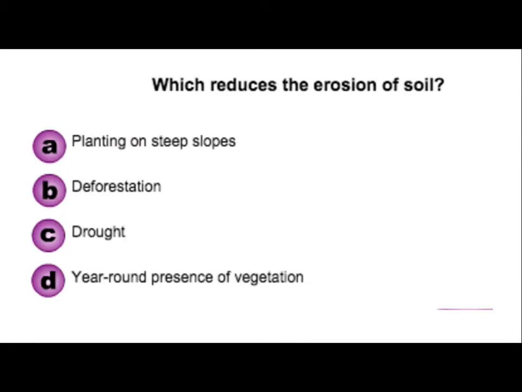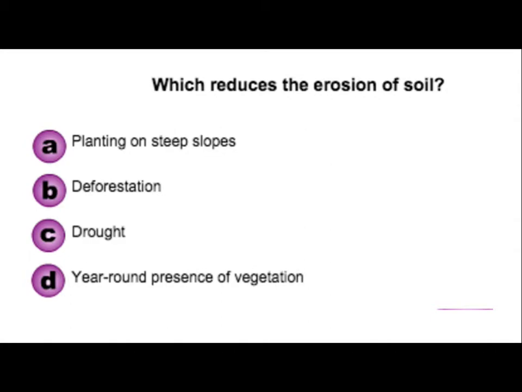Which reduces the erosion of soil? Keelan Eister. Planting on steep slopes? No. Beautiful. 3, 2, 1. Tim. Drought? No. Because we just said in dry land is where it's easier.